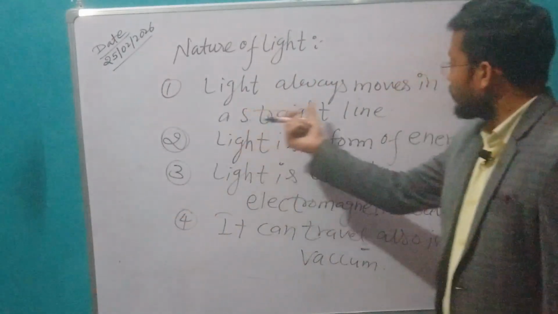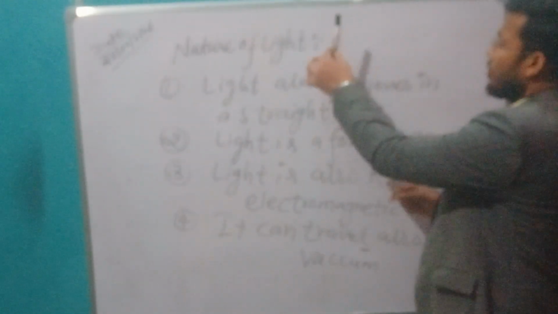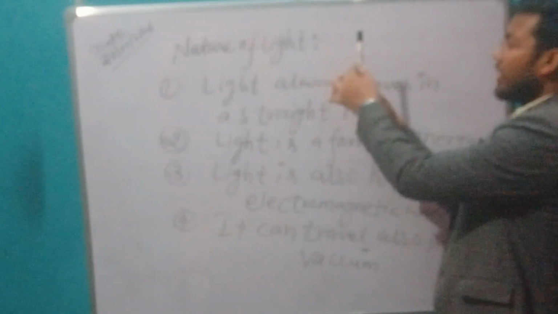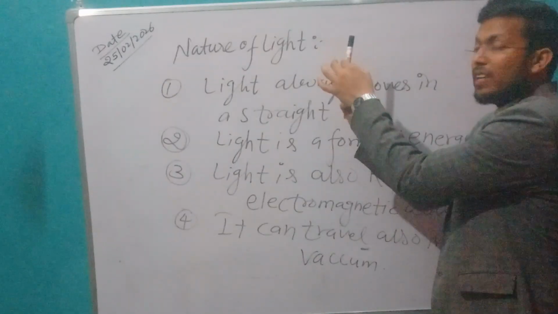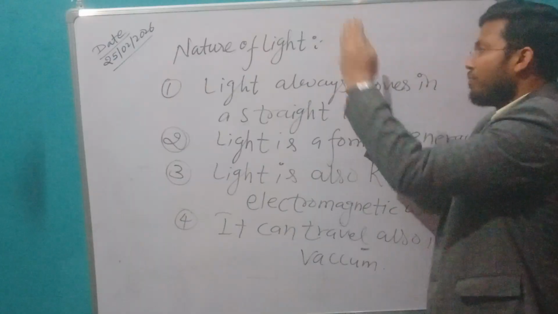Because light always moves in a straight line, we get a shadow. You see the shadow of this figure on the board, because this marker prevents or breaks the movement of light.